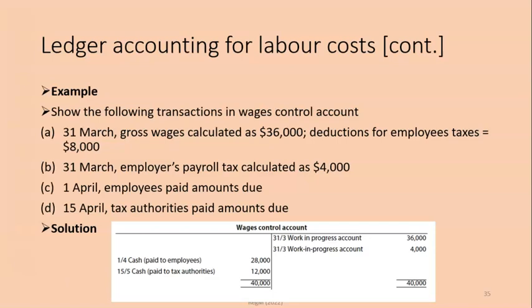Okay, show the following transactions in the wages control account. On 31st May, gross wages calculated as 36,000. Deductions for employees' taxes were 8,000. And then on 31st May, employers' payroll tax were computed as 4,000.